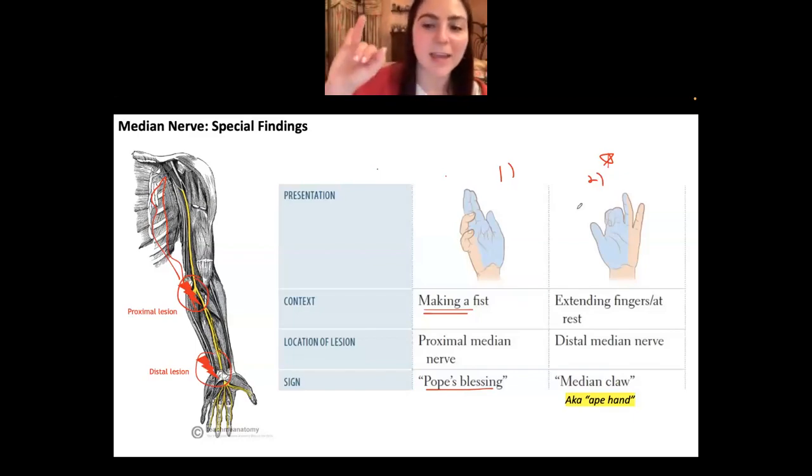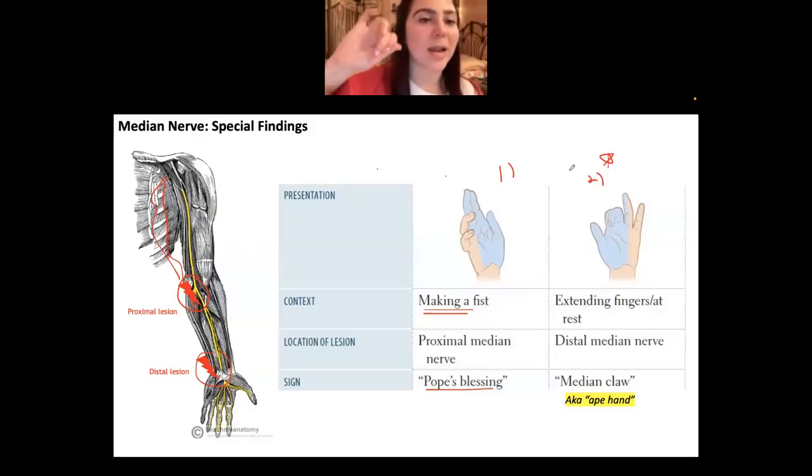But you're still having an issue with these fingers. We're reasoning through it together a little bit, but maybe a distal lesion presentation is that the fingers are already flexed. Maybe you take out the median nerve right at the hand, and that's how they're going to be now. You can't do anything with them there.